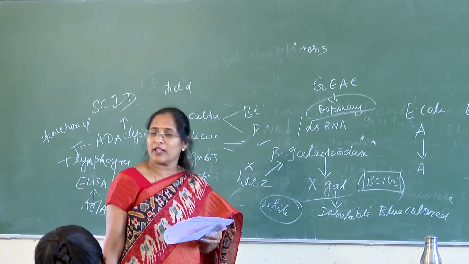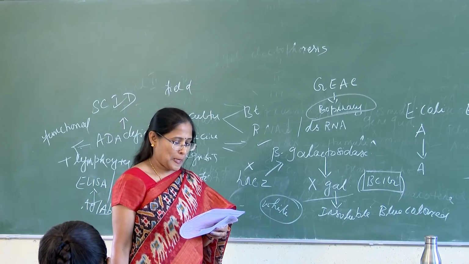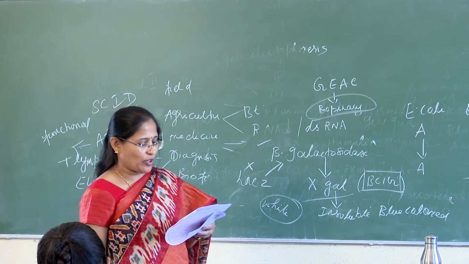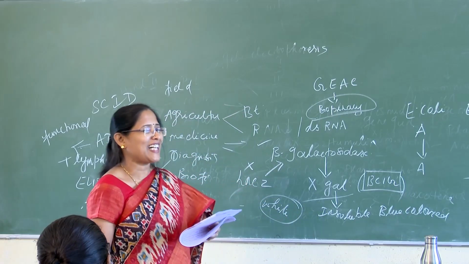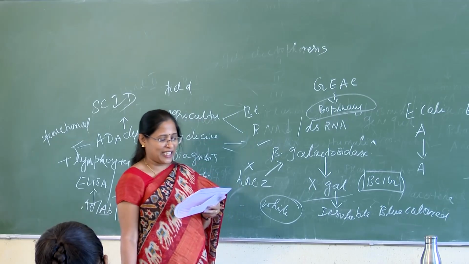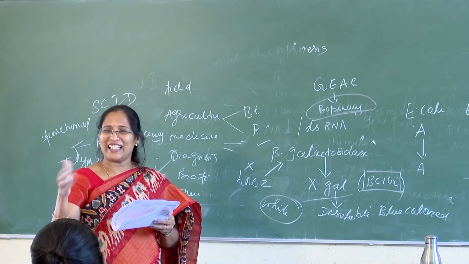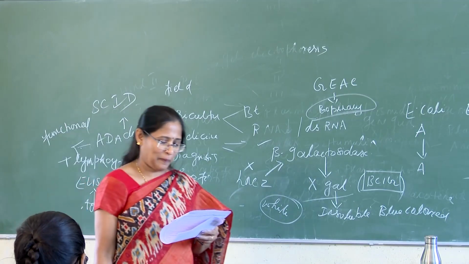Palindrome nucleotide sequence, correct, no? The enzyme cuts the DNA molecule at a different identified position. Correct only, no. That is what restriction endonuclease also does. That also is right. So what is the incorrect one? Already we have done C. Already we have done B. Then A, B is left out. Now tell A or B.